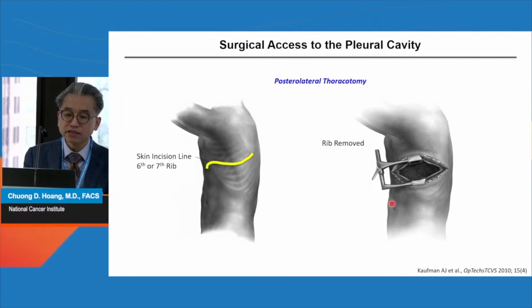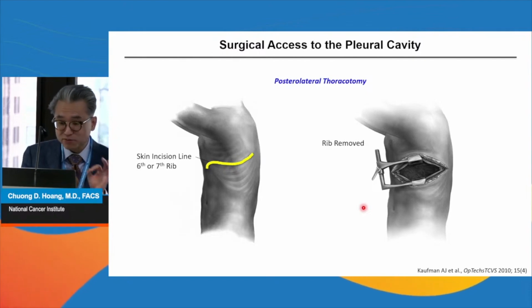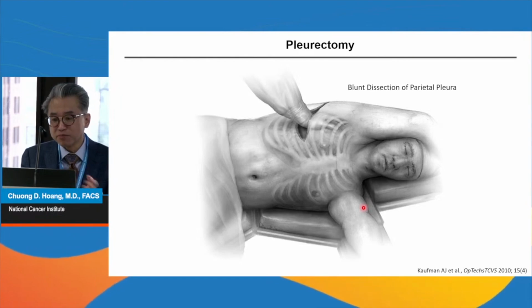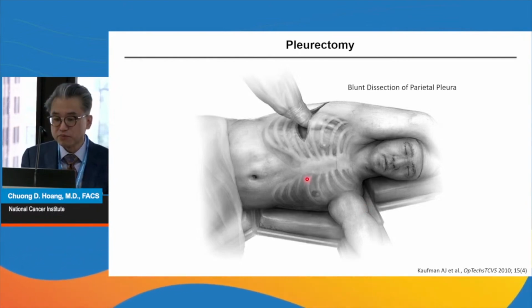Okay, and this is commonly what's used as opposed to all those video images that I showed you with the camera, which were more in the early stages of diagnosis as opposed to treatment. And then what is meant by pleurectomy, again, is to strip off that entire parietal pleural layer from the bony rib cage.